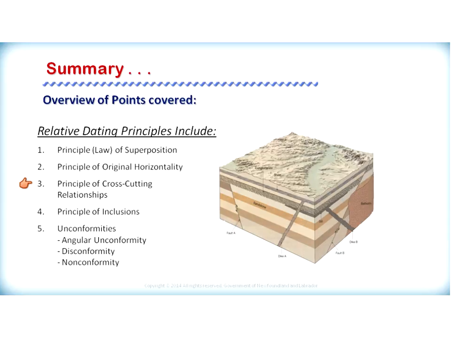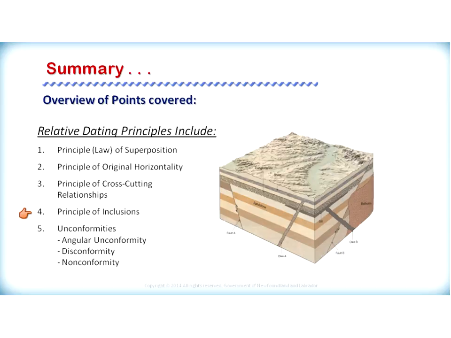Relative dating principle 3 is the principle of cross-cutting relationships, which states that any rock layer that cuts across other rock layers, such as dike A in the diagram, such as fault A in this diagram, or even the dike and the fault on the other side of the diagram, must be younger than the layers they cut across.